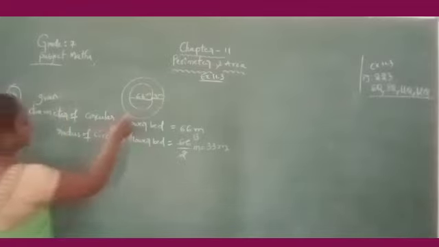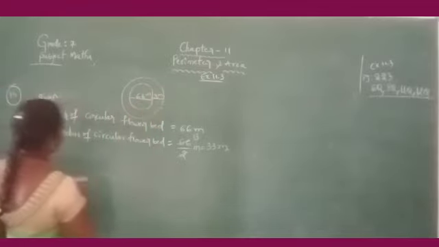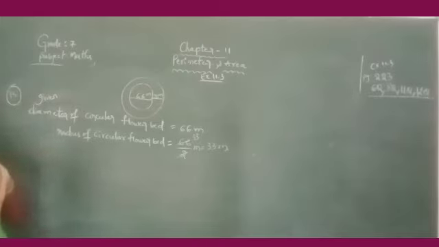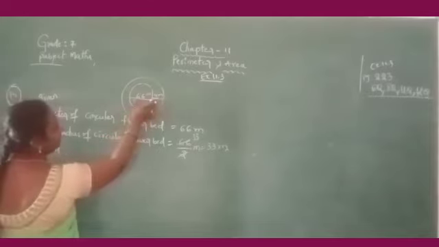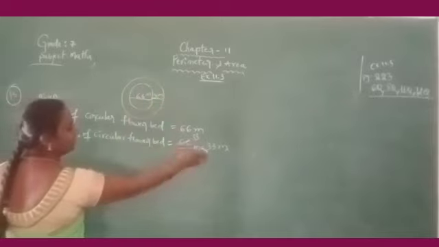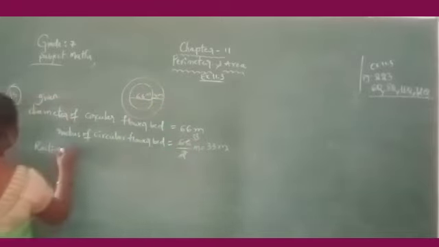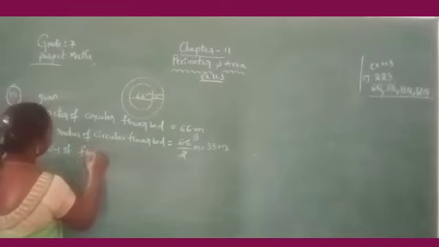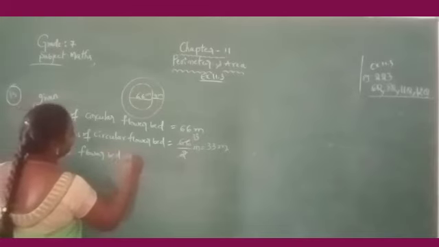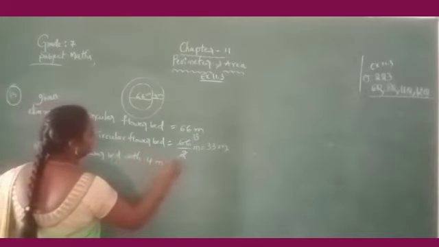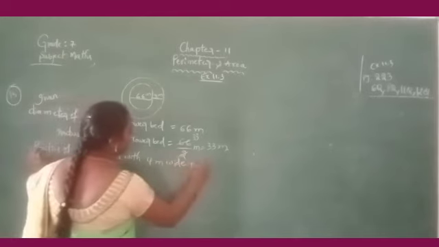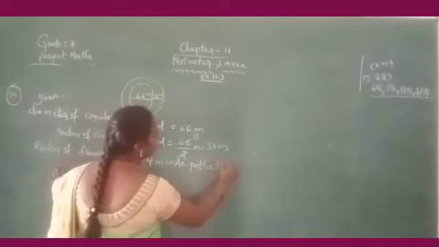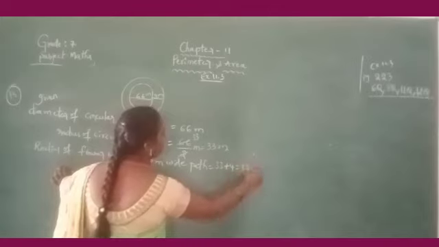After that, the path is given as 4 meters wide. So we have to add this to the radius. The radius of the flower bed with the 4 meters wide path is 33 plus 4, which is 37 meters.